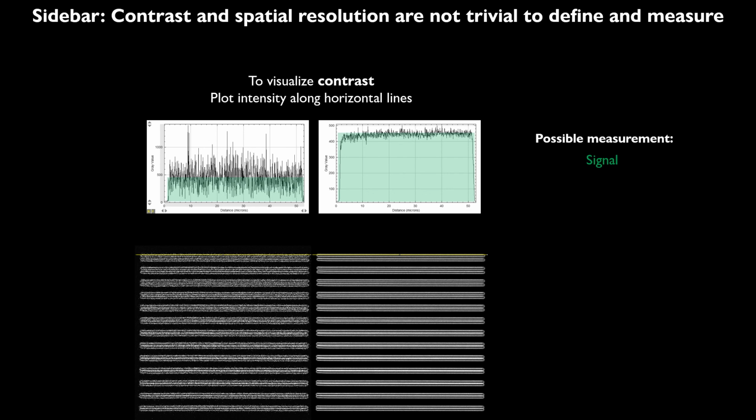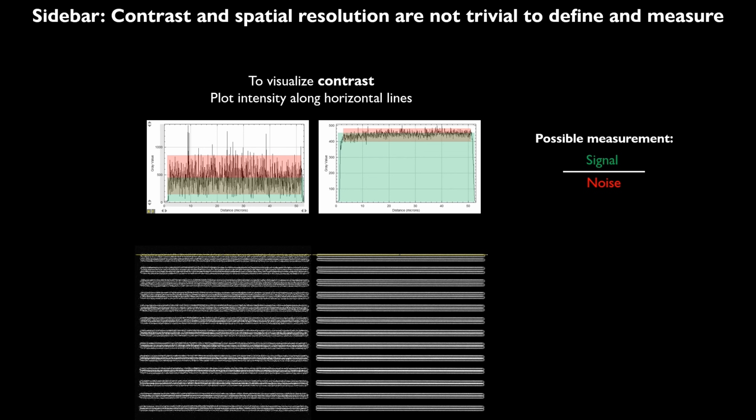A possible measurement that will reflect contrast is to measure the signal, defined as the delta between the intensity where you have a line and where you don't. That's what I've marked in green there. And the noise, which we can take as some measure of the standard deviation of the signal where we have the bar.